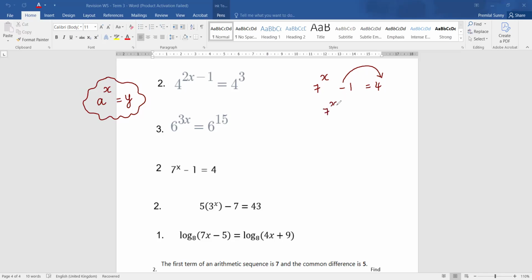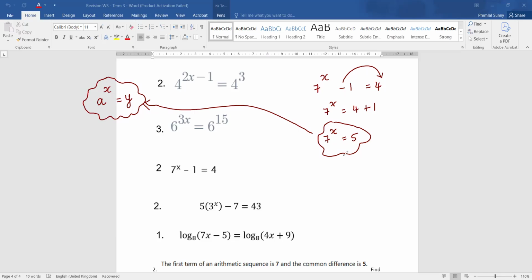So 7 to the power of x is equal to 4, and minus 1 goes to the other side and becomes positive 1. 4 plus 1 is 5. So now it is in the same format: 7 to the power of x is equal to 5. This is an exponential equation.